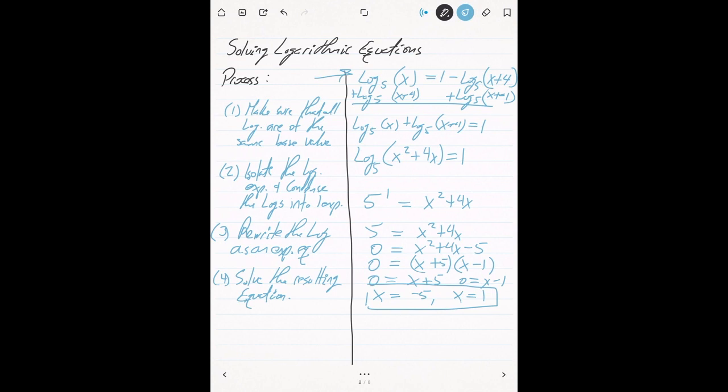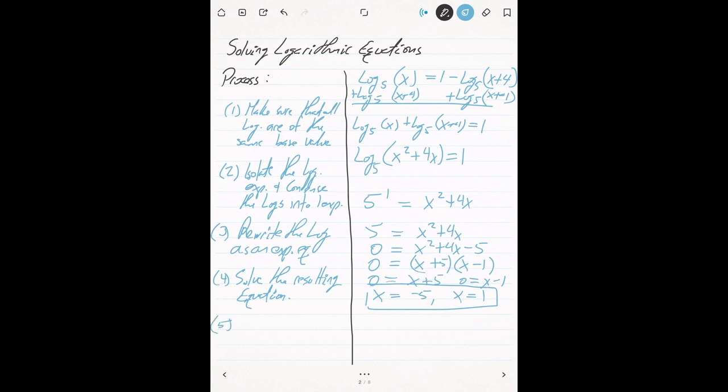These expressions can't have certain values plugged into them, but we turned it into a quadratic equation where you could plug anything you want in. So it's very possible that these solutions to the quadratic are going to be extraneous solutions for the logarithmic. What we're going to have to do is check our answers.